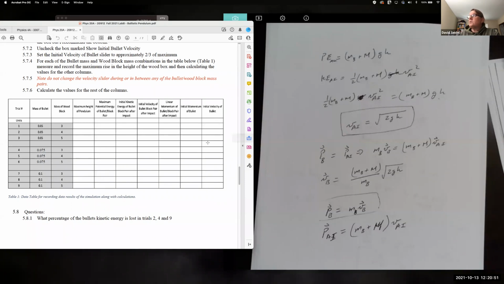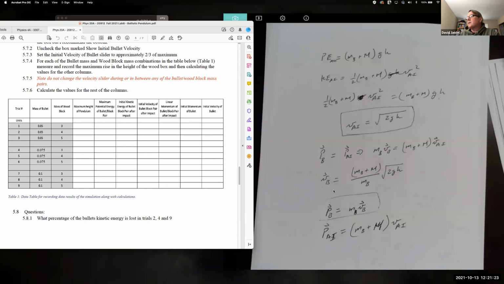Or we can just use V after impact is equal to square root of 2gh, which is what we get when we simplify this equation here. So V after impact is just square root of 2gh. Conservation of momentum gives the initial momentum of the bullet and hence the initial velocity of the bullet. And that should just equal, this is the velocity of the bullet before impact, this formula here.